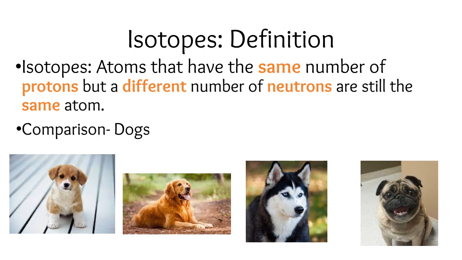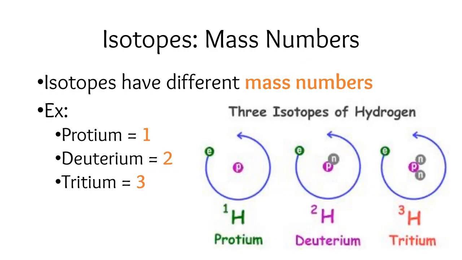But isotopes are pretty much the same type of thing. They're the same element, but because we change its number of neutrons, it's going to be a little bit different and it's going to have a different mass. But it's still the same thing. It's still classified as the same type of atom, the same type of element.